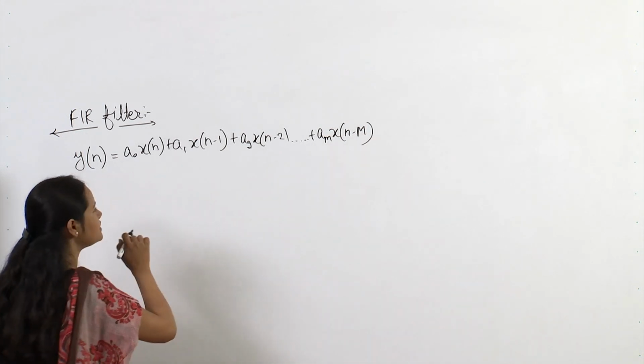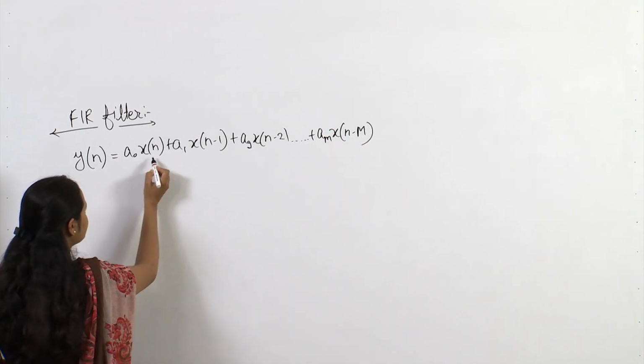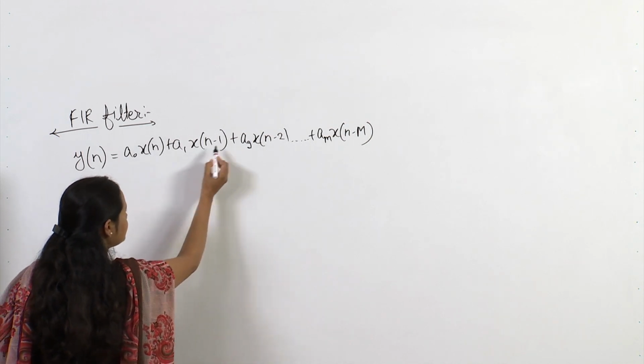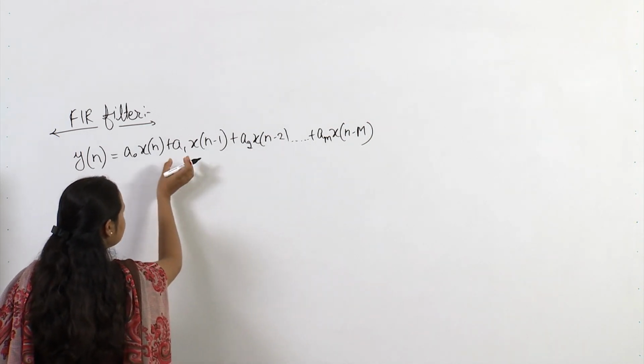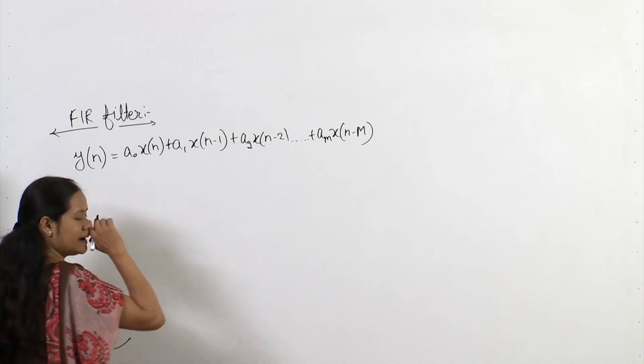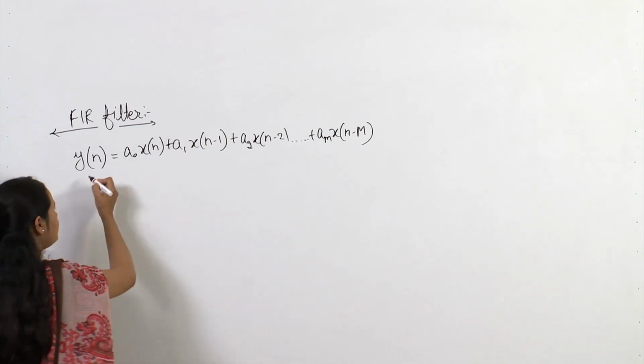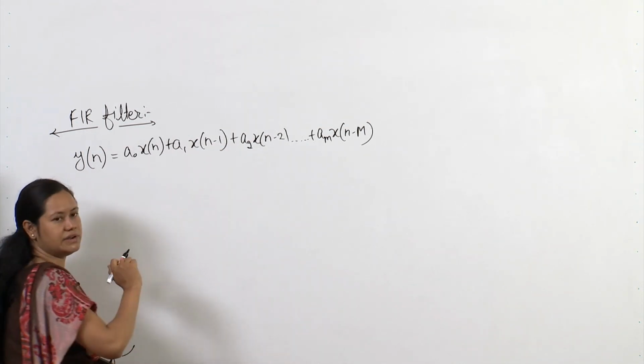So, here we are assuming that output is a function of input and its previous values in a linear fashion. They are just multiplied with a constant and then they are being added together. So, when we have this assumption, we can use the FIR filter.